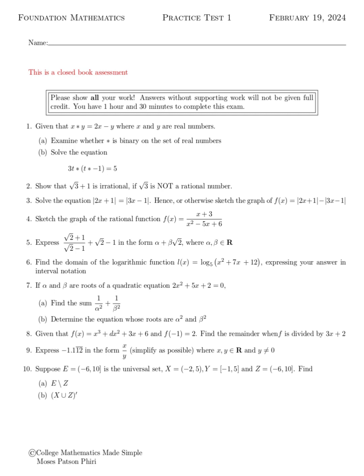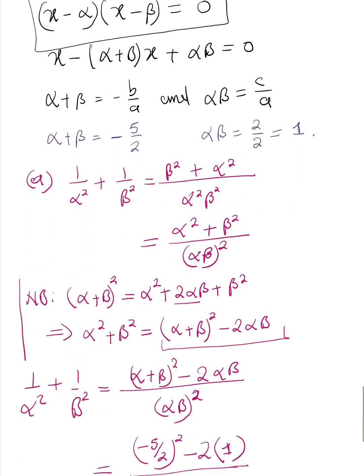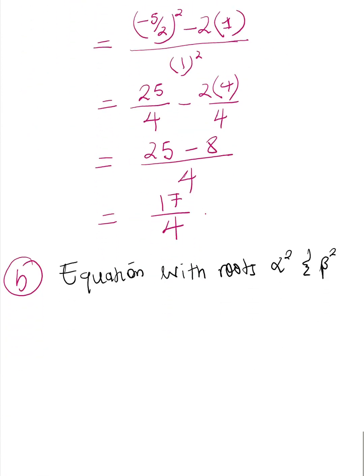From the preamble here, we noted the equation that connects these roots: if alpha squared and beta squared are roots, then we have that (x minus alpha squared)(x minus beta squared) is equal to 0.